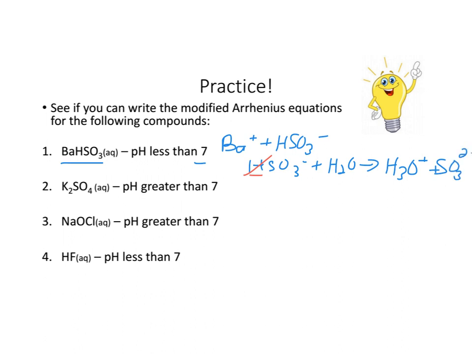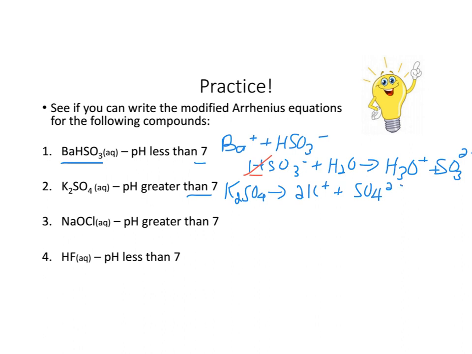Next, we have K2SO4, and it tells us that it's going to have a pH of greater than 7. That means we're going to need to produce hydroxide ions at the end. So first step, though, is to dissociate K2SO4. When we dissociate that, we get 2 potassium ions and SO4 2 minus.